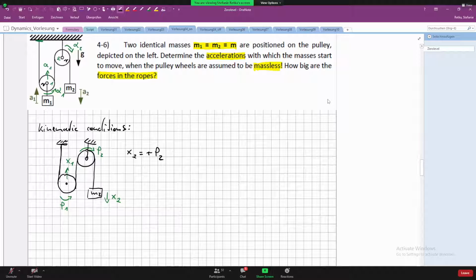This means that the velocity in this point right here, the absolute velocity, is equal to 0. And this absolute velocity in this point consists of translation, or the absolute distance traveled, if you talk about distances, as equal to translation plus rotation, as we learned in chapter 1, x1 and r phi 1.